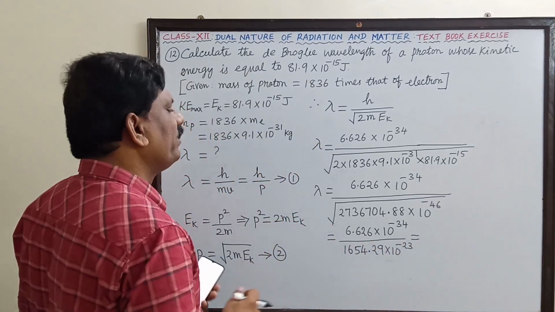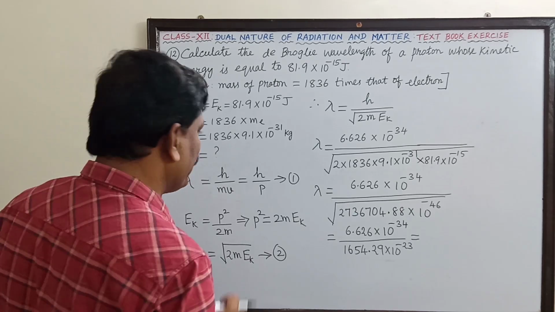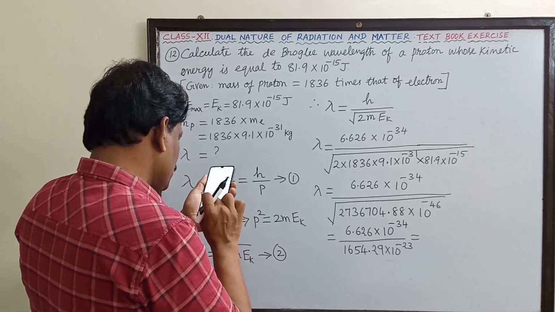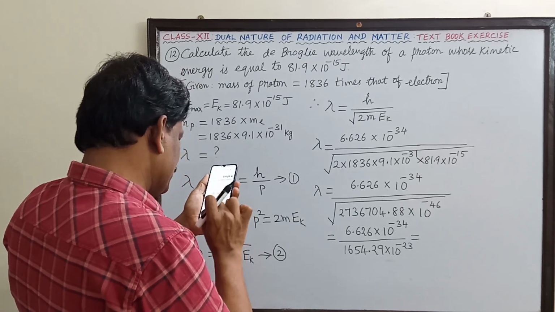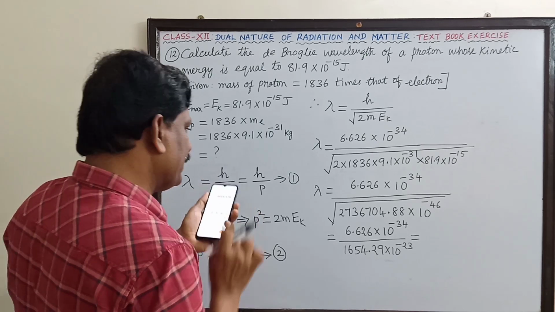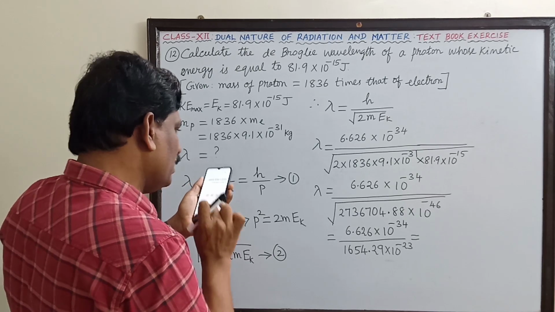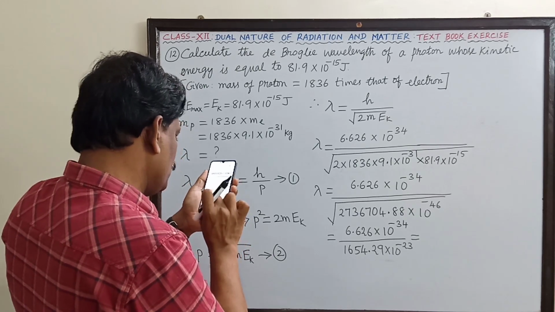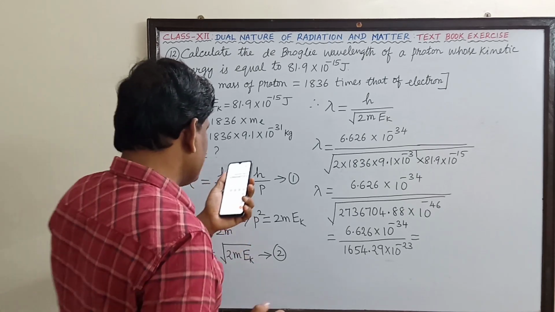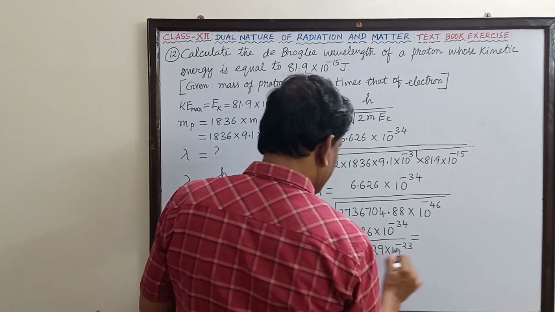So once again we have to take this fraction, 6.626 divided by 1654.29.